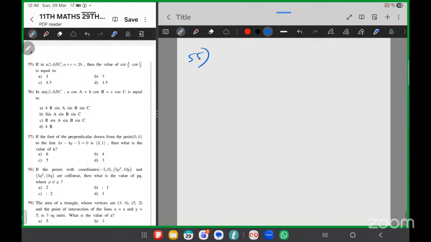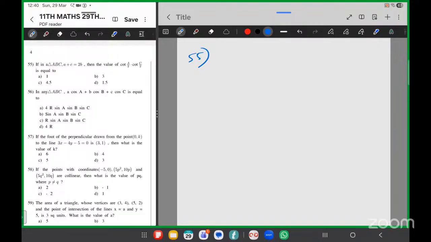Question number 55. In triangle ABC, A plus C is equal to 2B. Then what is the value of cot A by 2 into cot C by 2?